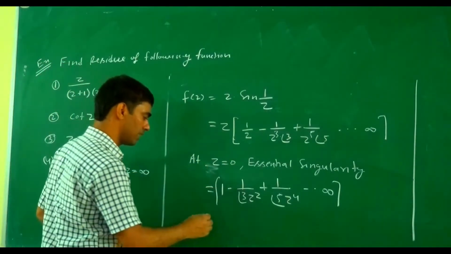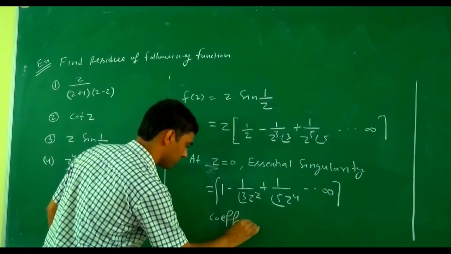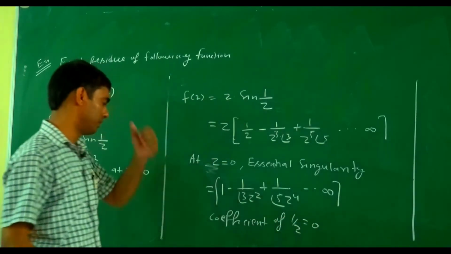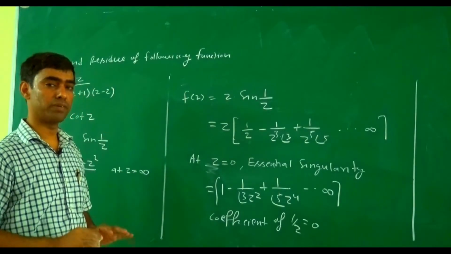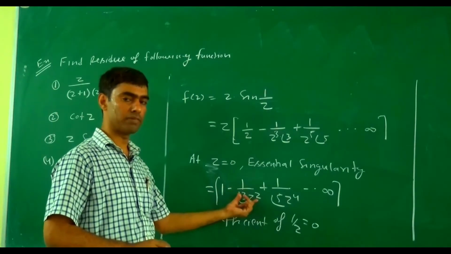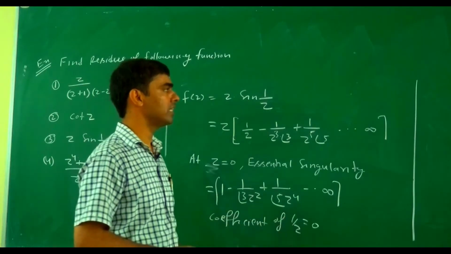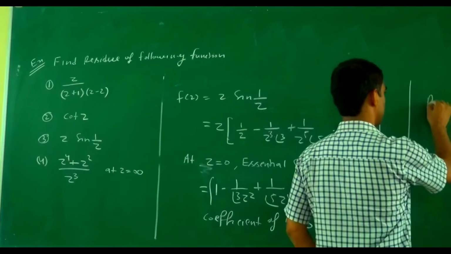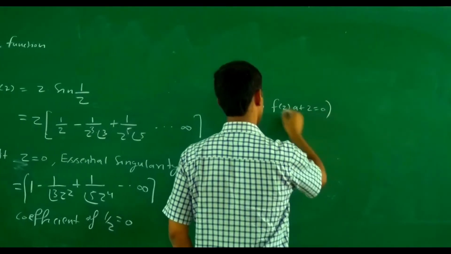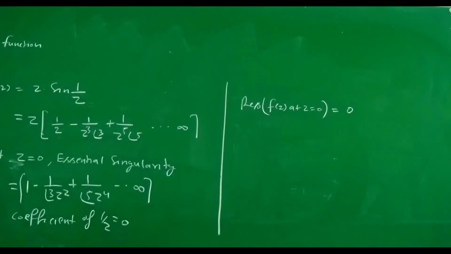Here the coefficient of 1 by z is 0. This is the first term of the principal part, and it does not appear here. So the residue of f(z) at z equals 0 is 0. This is a case of an essential singularity.